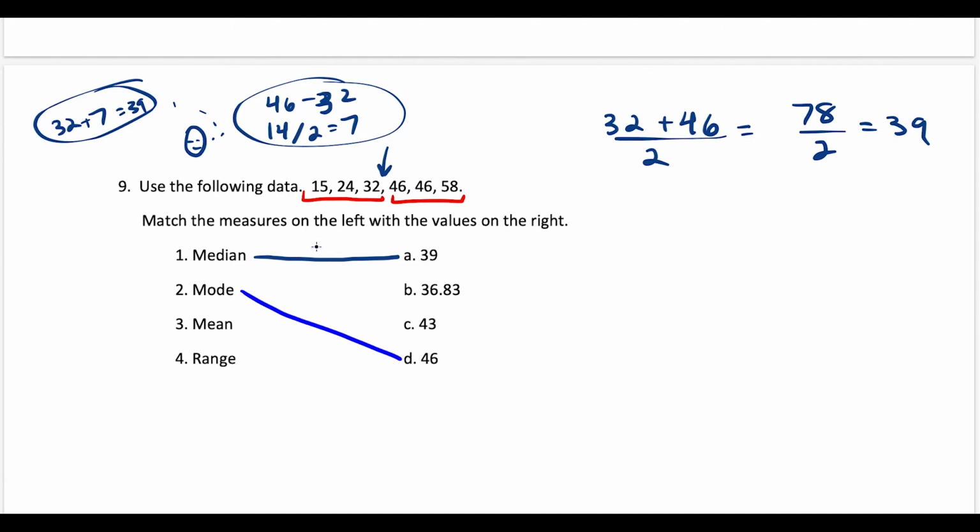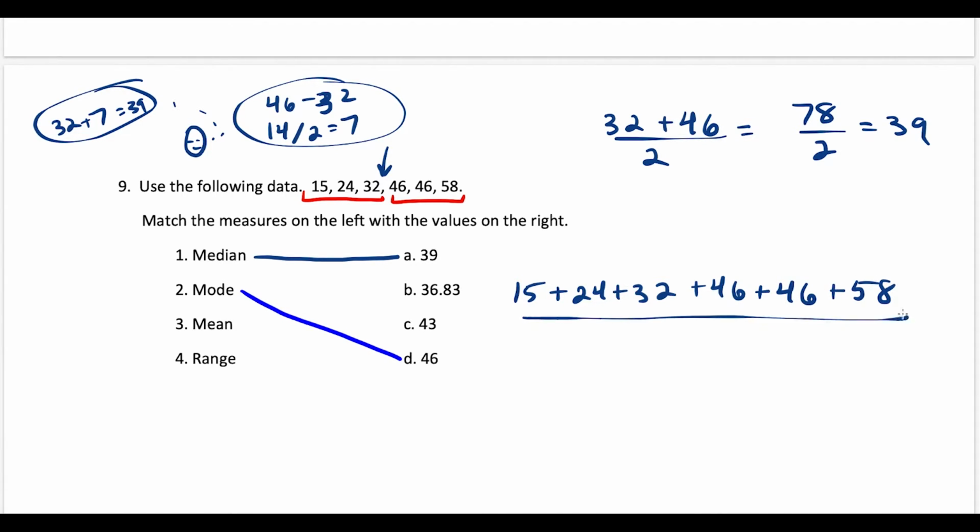And now next is the mean. This one's probably the most tedious to calculate. To find the mean, you add up all the values and divide by the number of values. So what we would do is take 15 plus 24 plus 32 plus 46, and then another plus 46 and then plus 58.